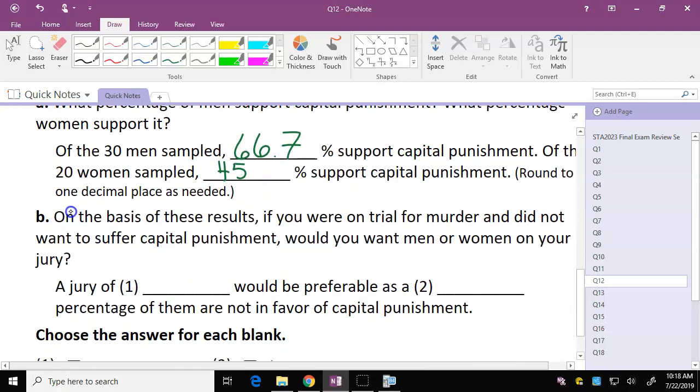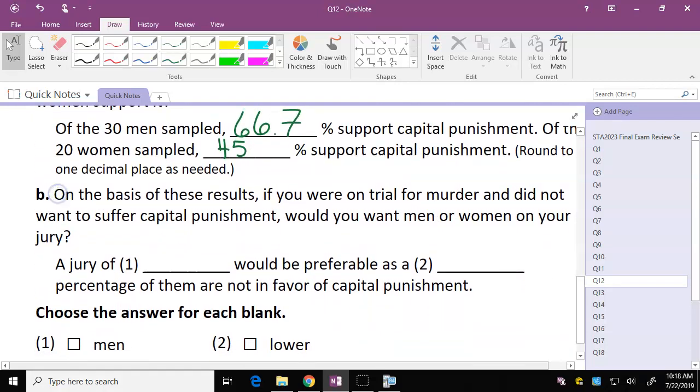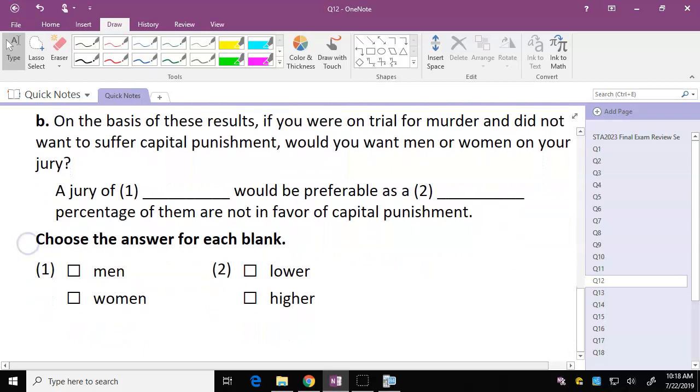All right. So it says, on the basis of these results, if you were on trial for murder and did not want to suffer capital punishment, would you want men or women on your jury? So you want women? Would be preferable as a blank percentage of them are not in favor.